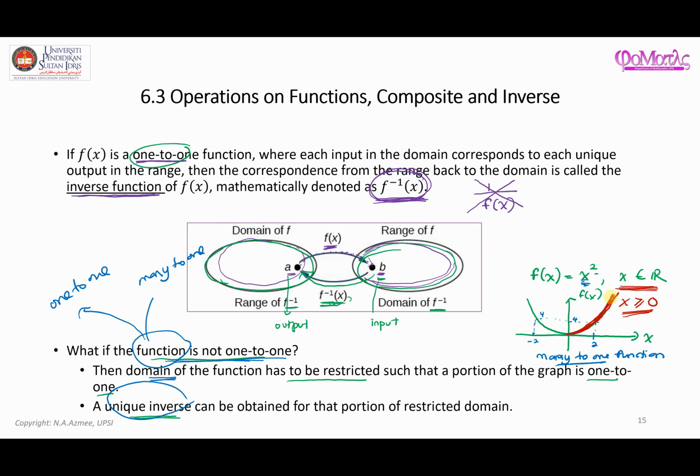And based on this, you can see that we have actually changed from many-to-one function to one-to-one function. Each value of x corresponds to one value of y. For example, if x is 2, the value of y is 4. X is 0, the value of y is 0, and so on.